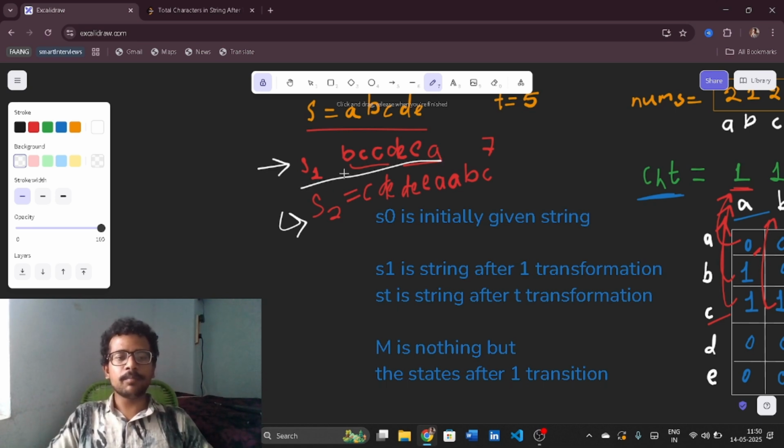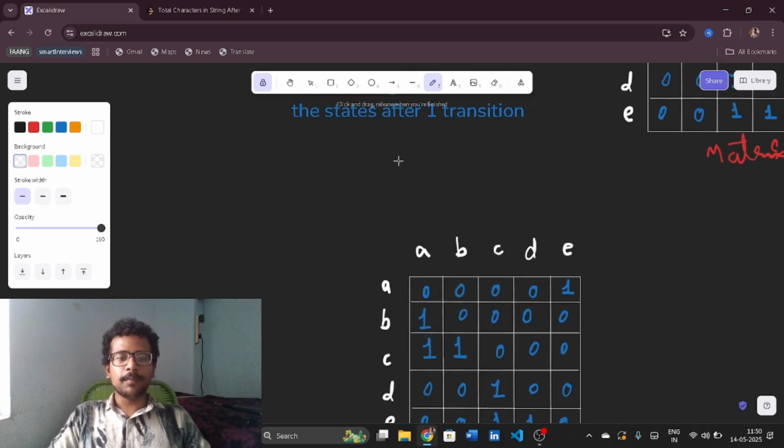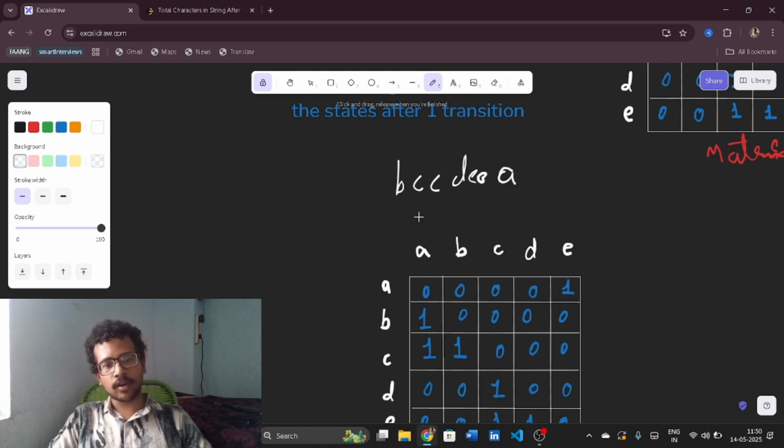So the string will be BCC DEEA. Now I'll write how many times A is present, how many times B is present, and all. A is present for one time, B is present for one time, C is present for two times, D is present for one time, and E is present for two times.